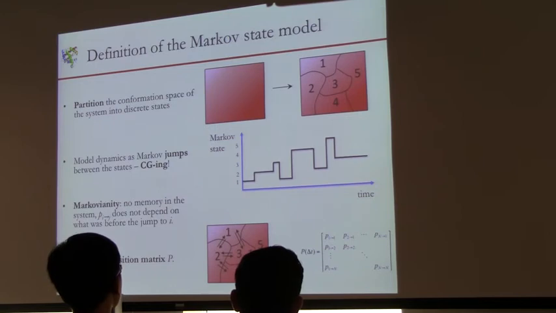In terms of jumps between the states, the probability of a jump from state I to state J doesn't depend on what happened before the system jumped into state I. And then we can build the transition matrix, which shows us the probabilities of transitions between different states.